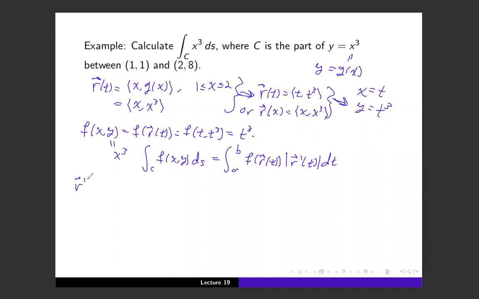Now r prime of t is going to be 1 comma 3t squared. So the magnitude of r prime of t is the square root of 1 plus 9t to the 4th.